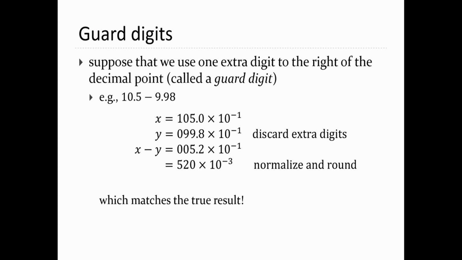The answer is yes, because there's only 2 digits in that number, and the exponent isn't so small that I can't write down the result. 5.2 times 10 to the minus 1 is equivalent to 520 times 10 to the minus 3, which I can represent in our floating point format. So notice what's happened here: you're now able to calculate the correct result just by introducing 1 extra digit in this example.